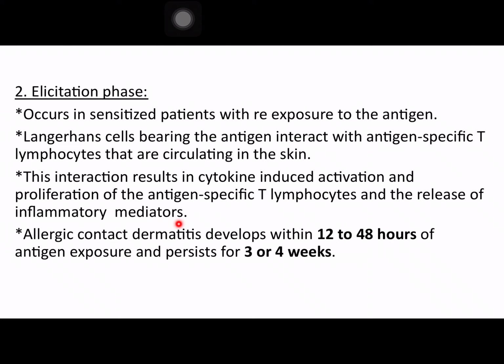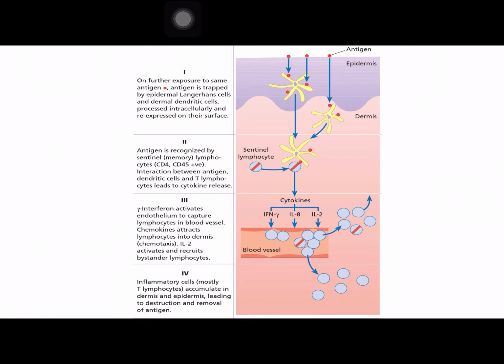Allergic contact dermatitis takes 12 to 48 hours to develop in a previously sensitized person, and to control the inflammation we need 3 to 4 weeks to return to the normal picture. This picture also shows the elicitation phase.